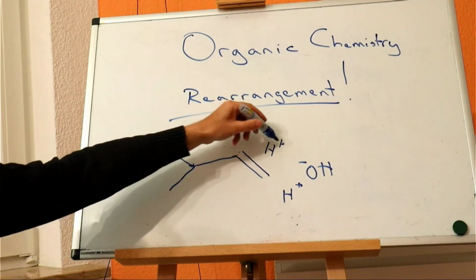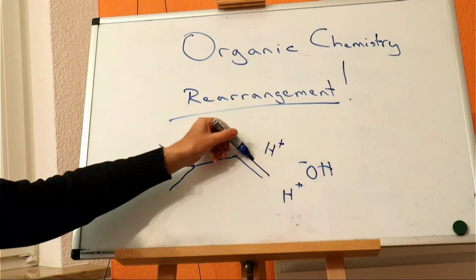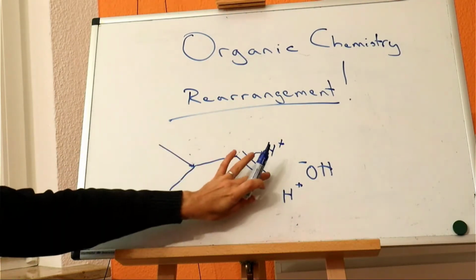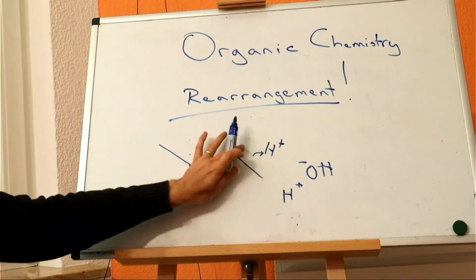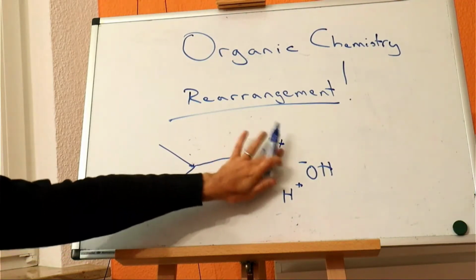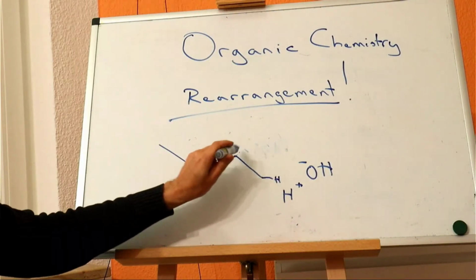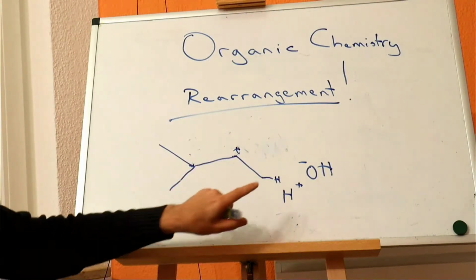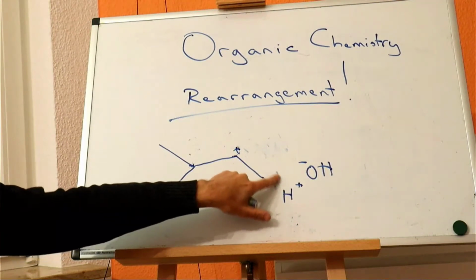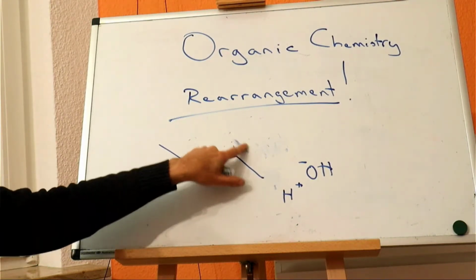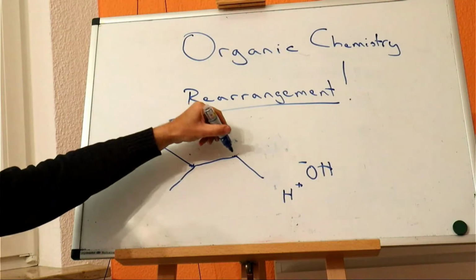So we can add the H plus to there, and that will either take both electrons in this direction, which would make, let me draw it like this, this intermediate, or it can go on the other end, logically.